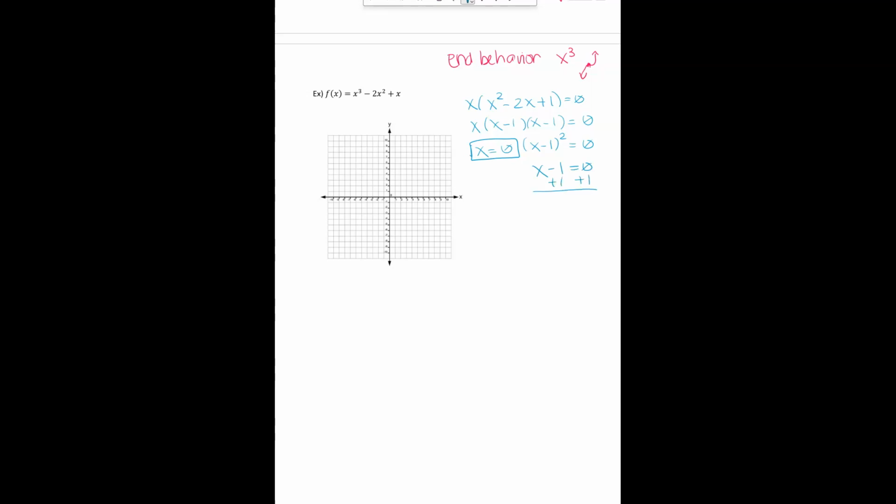Add our 1 to both sides. X equals 1. Now, our multiplicity is 2 coming from this guy, right? So he has an even multiplicity, so that means he's going to touch.